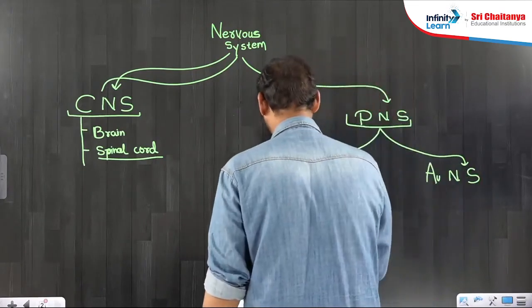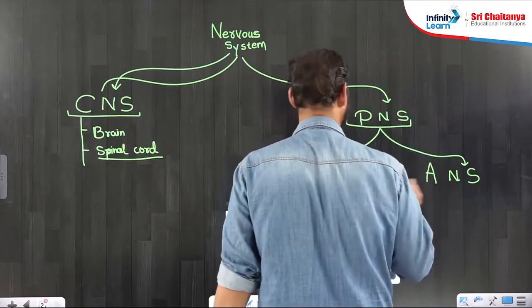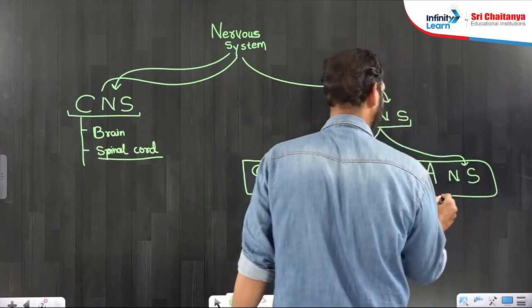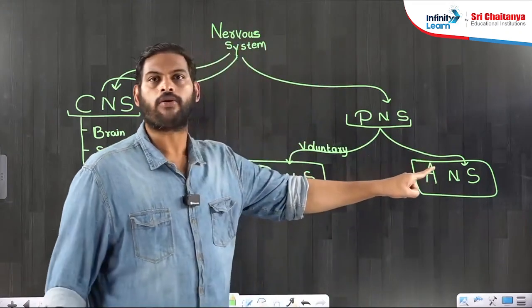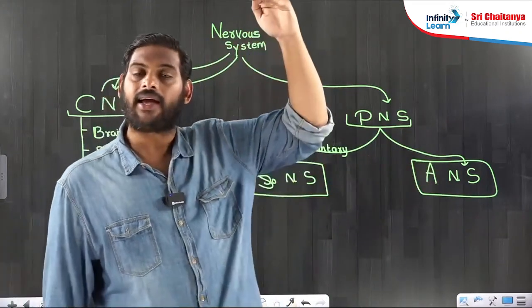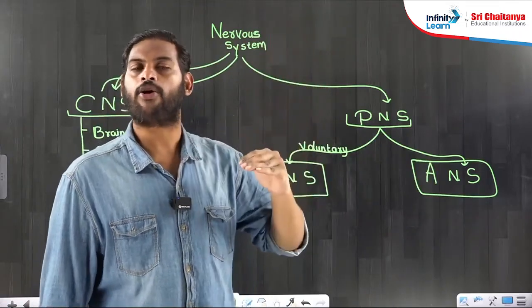We can call it the automatic or autonomous nervous system. These automatic neurons may excite an organ or may inhibit the functioning of an organ.